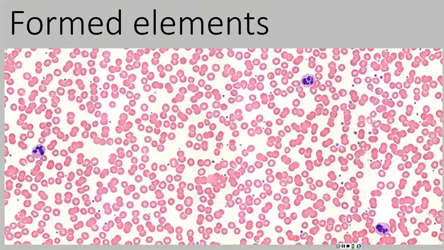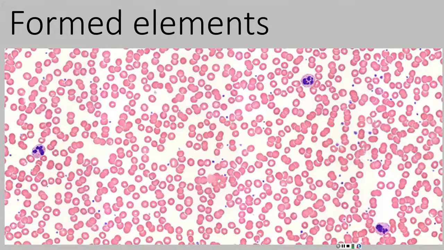Well, let's get rolling with new material for this lecture, and we're going to talk first about formed elements. Last time we talked about plasma. Plasma was the liquid portion of blood and the stuff that was dissolved in it. Formed elements are the solid parts of blood.